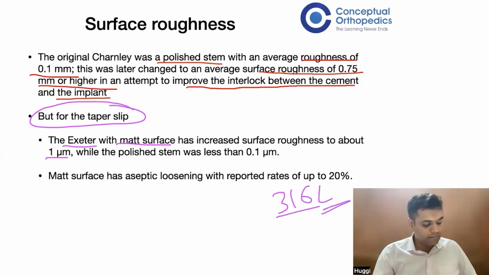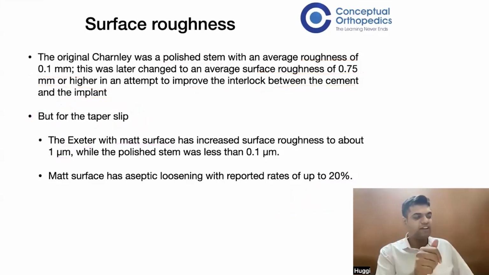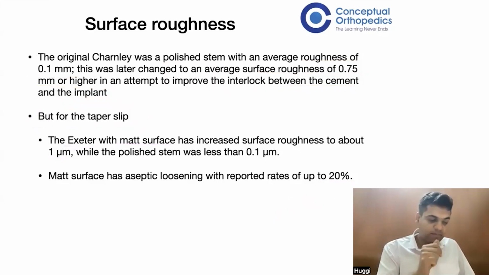Okay, so that matte finished stem started to have a higher aseptic loosening incidence, and it went up to 20%. So they came again with polished taper stems without any matte finish. This is very important. Roughness also decides what type of cementing concept and philosophy you're going to apply.